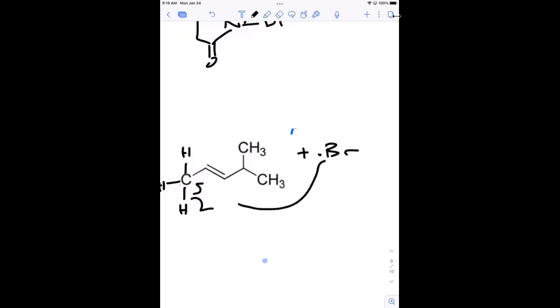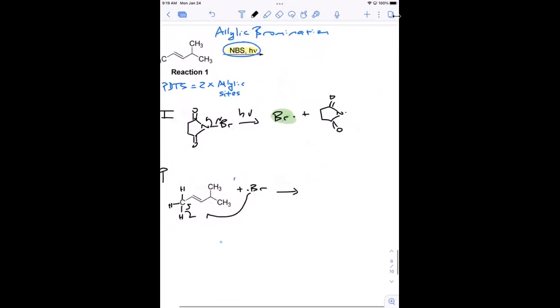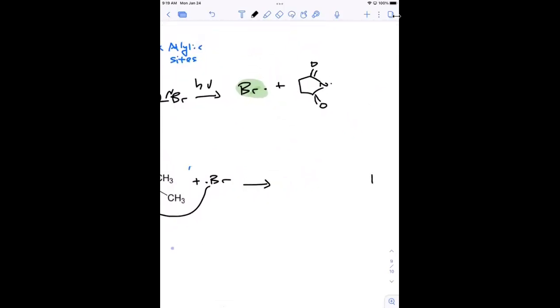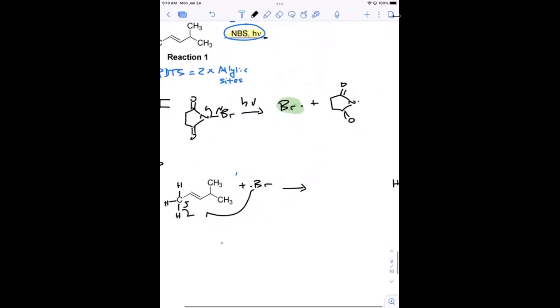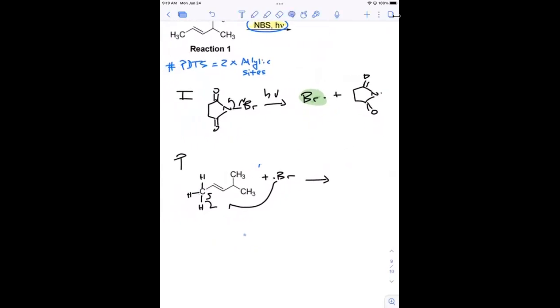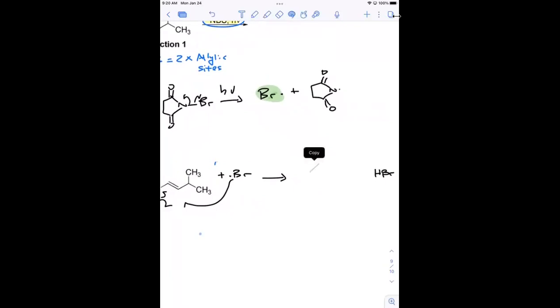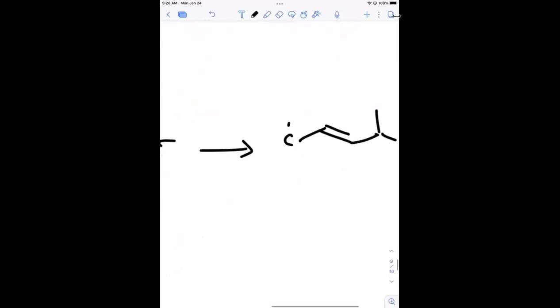And then I'm going to bring this arrow here. So as a side product, I'm going to get HBr. And we'll get that for every one of the propagation steps. And then we're going to get this radical right here.